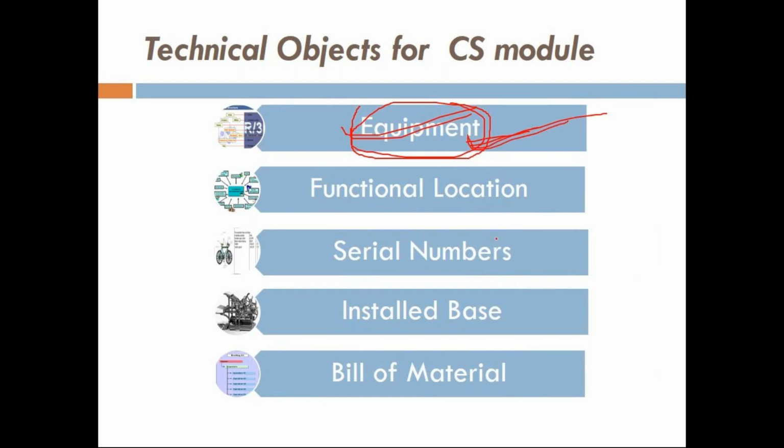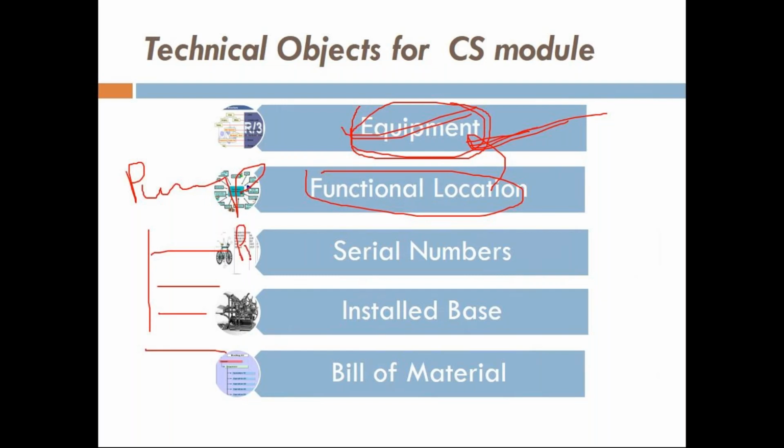Next, functional location. Functional location means the place or area where your equipments are located. Suppose you are selling pumps to a company. In that company, they have different departments: a production department, an engineering department, a utilities department.